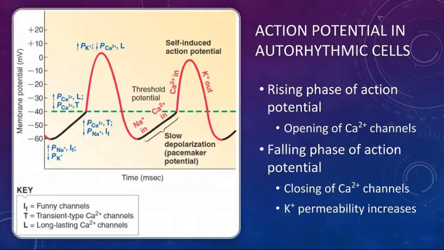This action potential of the autorhythmic cells is different than nerve and skeletal muscle cells, because nerve and skeletal muscle cells have an influx of sodium instead of calcium. Then the calcium channels close and potassium channels are activated, causing potassium efflux accompanied with the falling phase of the action potential.